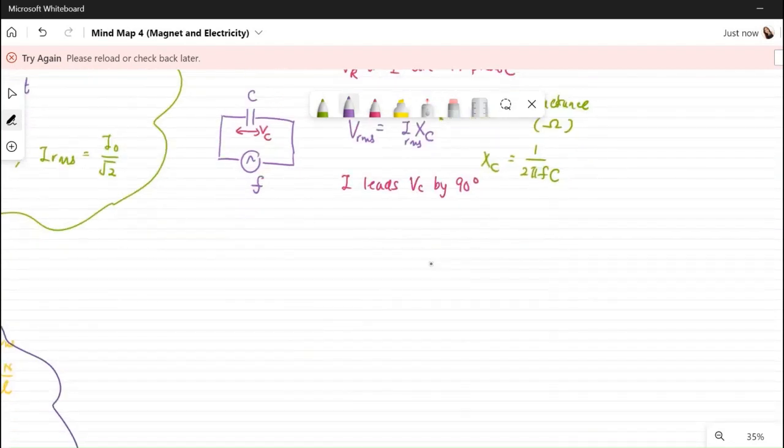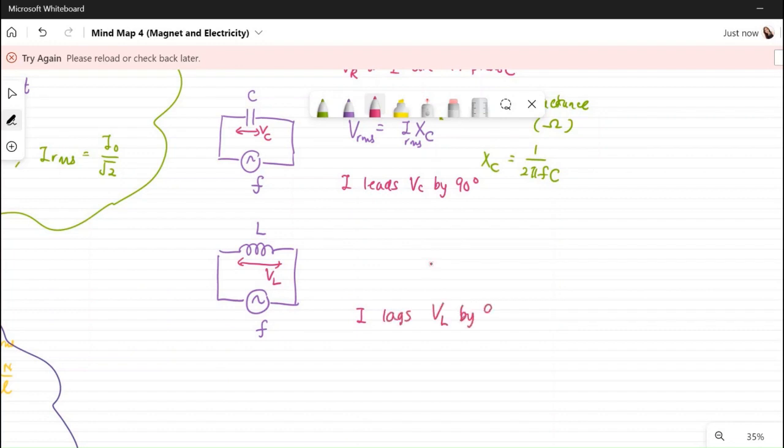Now let's look at an inductor connected to an AC source with the frequency of f, an inductor with the inductance of L. For example, the voltage across the inductor is VL. In this case, the voltage across the inductor and the current are not in phase either, where I lags the voltage across the inductor by 90 degrees.